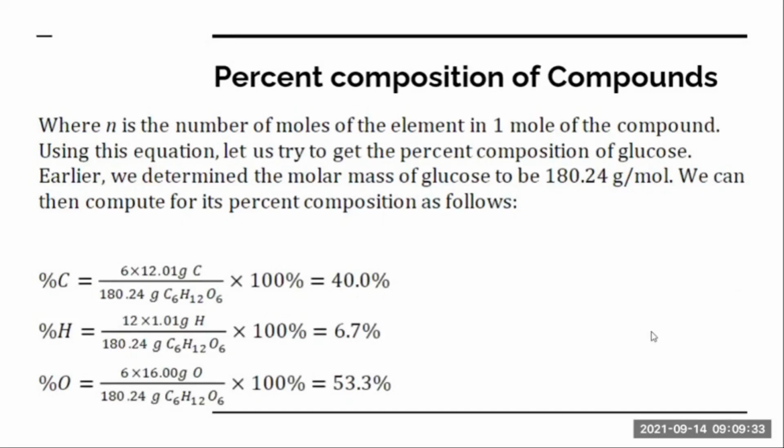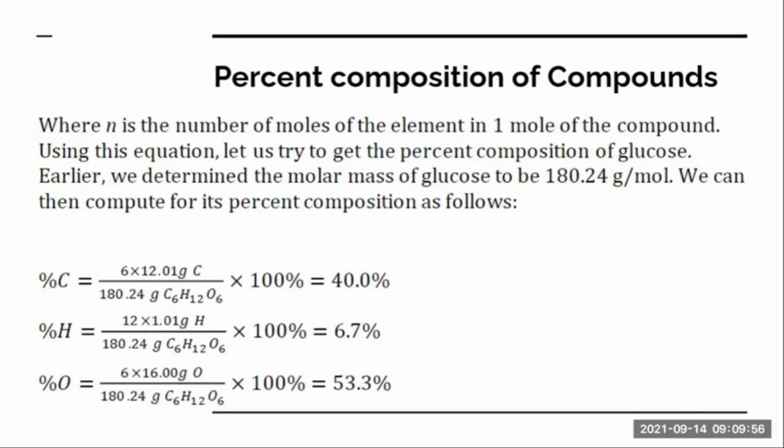First, we find the molar mass of the molecule, and then we just use it as a denominator to divide the mass of each component element. Okay, and then express it in percentage.